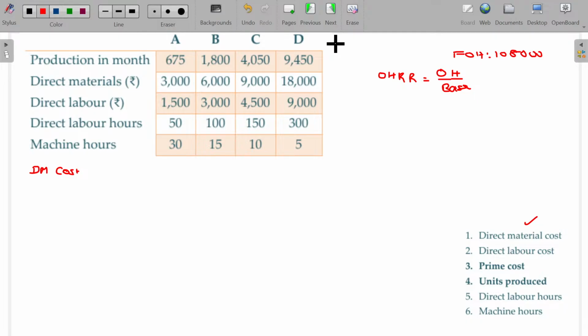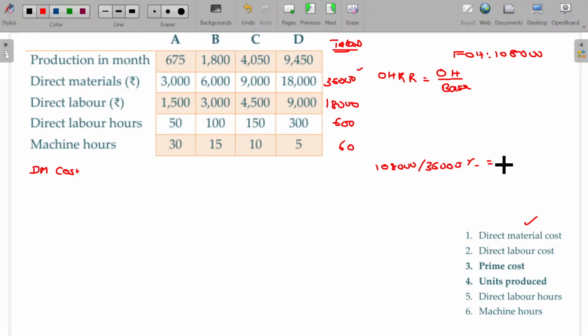Here, total direct material cost being 3,000, 6,000, 9,000 and 18,000, I think 36,000 in total. Direct labor being 18,000 rupees. Direct labor hours in total being 600 and machine hours being 60. In this case, direct material cost, the overhead being 1,08,000 rupees, divide that by direct material cost being 36,000 in total. Then come on, tell me what is the value in percentage?